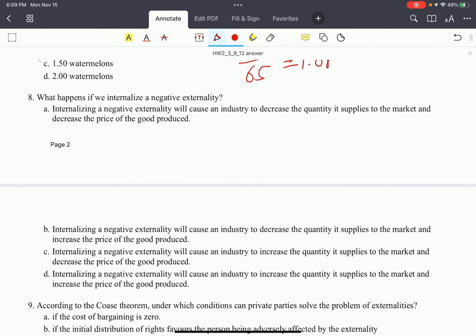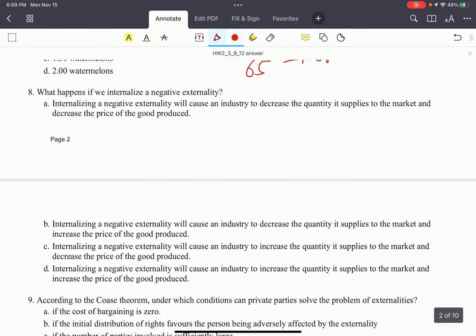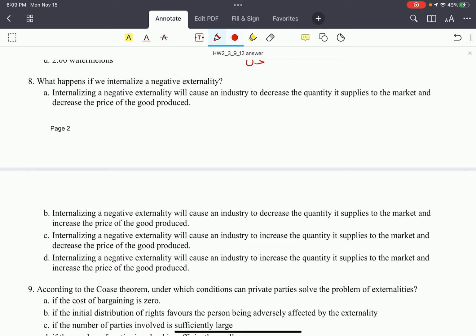Eight, what happens if we internalize a negative externality? We talked about this example in the lecture note, right? There is a firm which pollutes air, and we know that in this case the market equilibrium outcome will be too large. That is, the firm will produce too much, and the price will be too low.